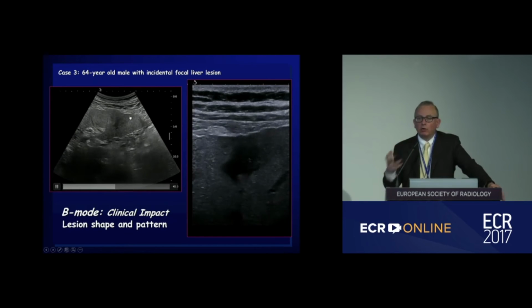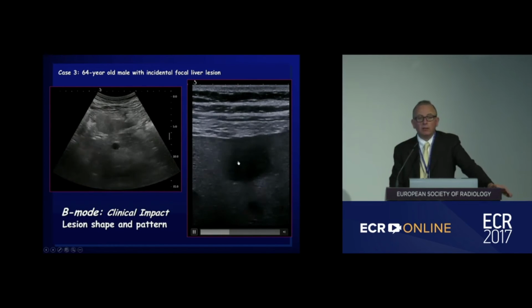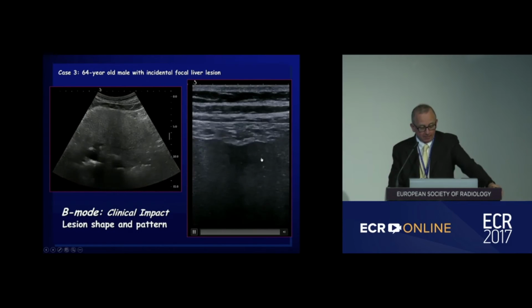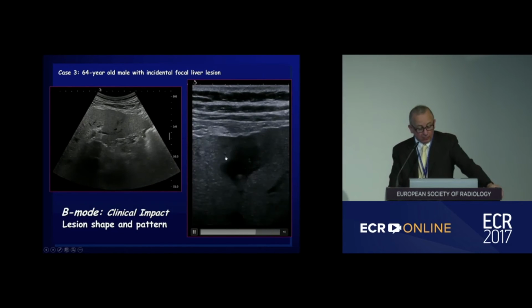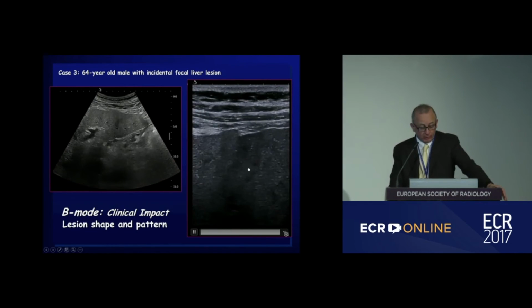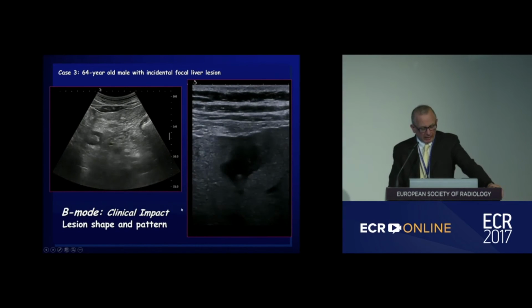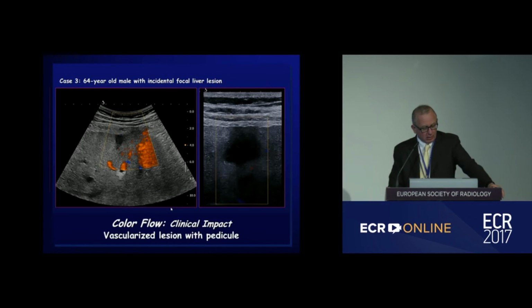And I would like to encourage you to always move to a linear transducer. The low-frequency linear transducer has a wonderful imaging performance, both with B-mode and Doppler for the subcapsular areas. And then we see very much that this lesion is poorly looking, and I'm really anxious when I see these lesions with a poor delineation.